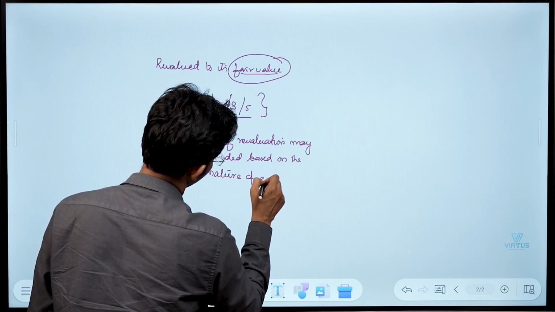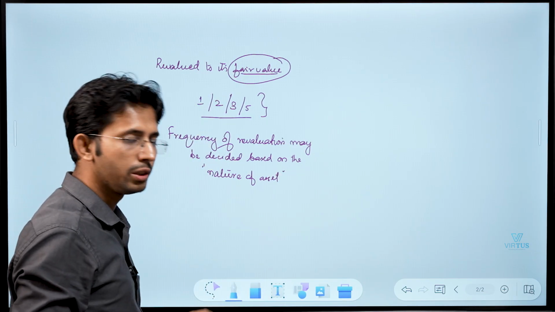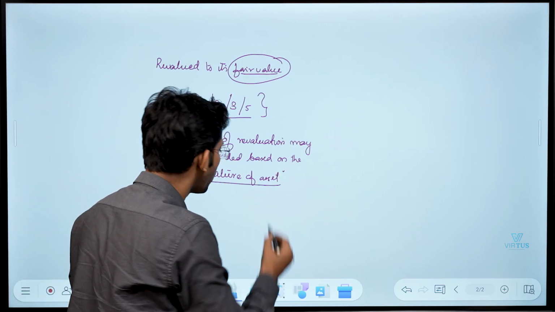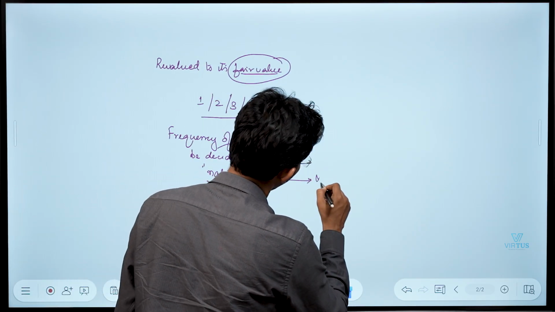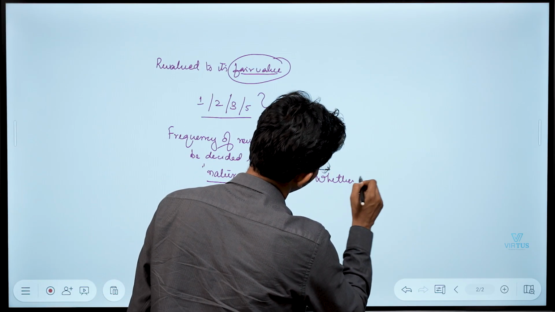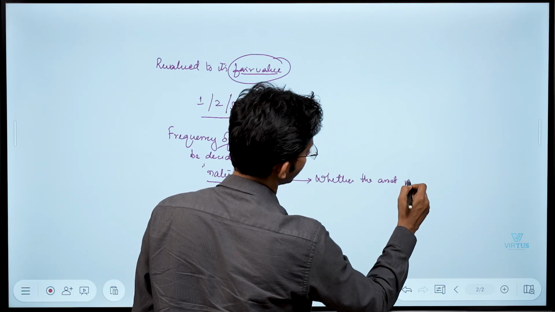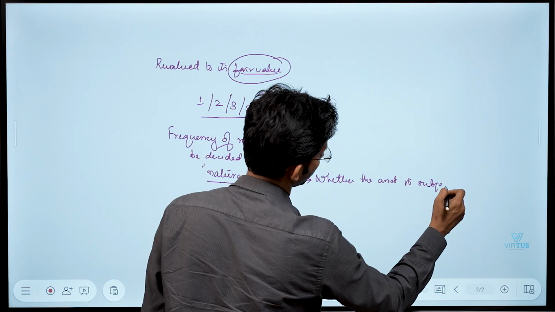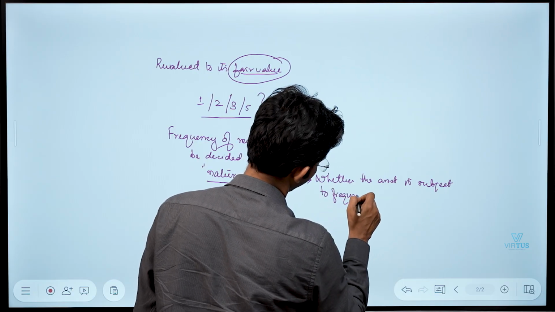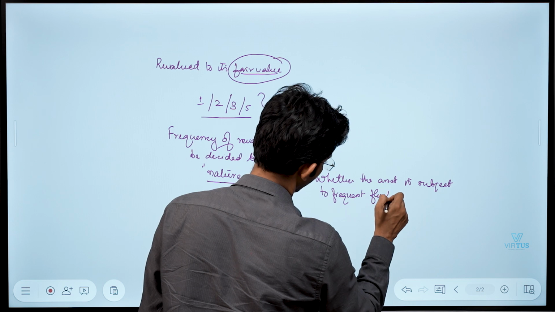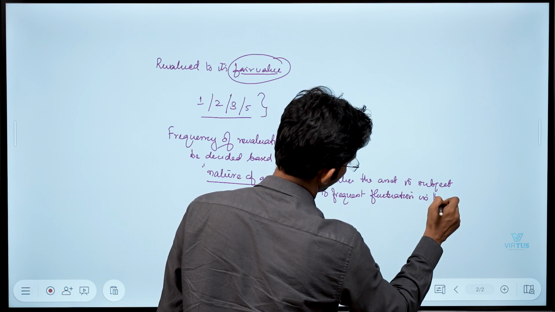Nature of asset. So what do you mean by based on the nature of the asset? You will have to see the type of the asset, and whether the asset or property, plant and equipment is subject to frequent fluctuation in the fair value.